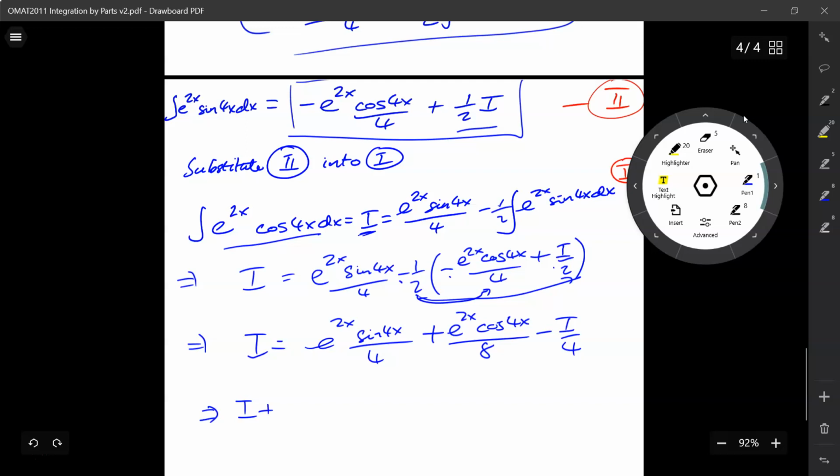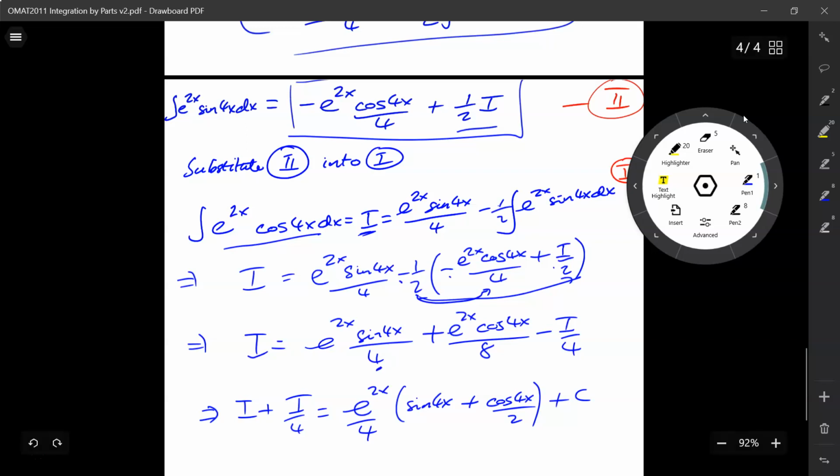So that implies that I plus I over 4 is equal to exponential 2x, which is common to both of them. The 4 is common there, so that gives me sine 4x plus cosine 4x, in this case divided by 2, plus my constant of integration.